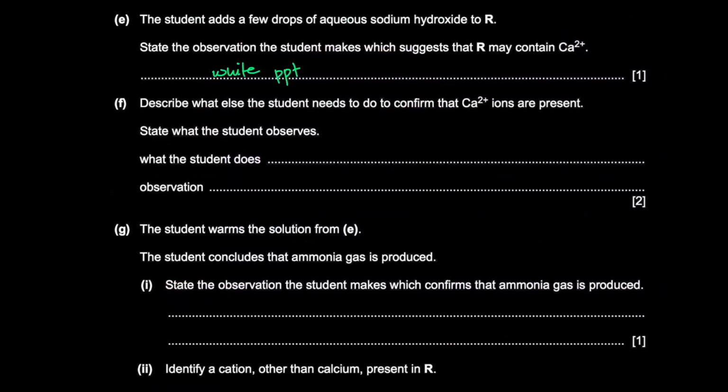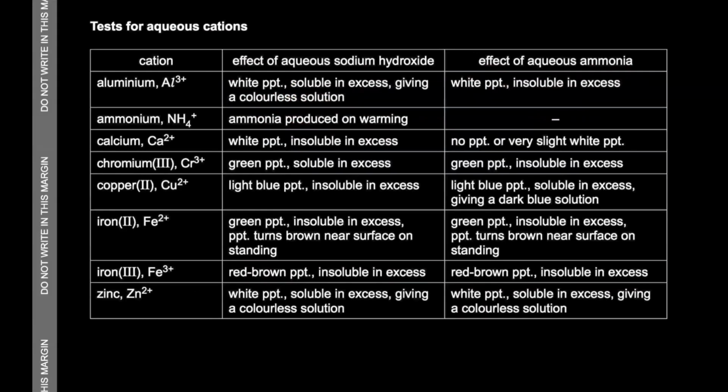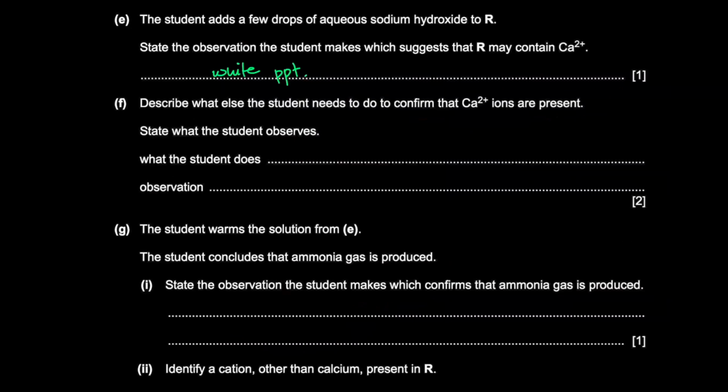And then describe what else the student needs to do to confirm that calcium ions are present. Zinc and aluminum are soluble in excess, whereas calcium is insoluble in excess. So we're going to add excess aqueous NaOH.